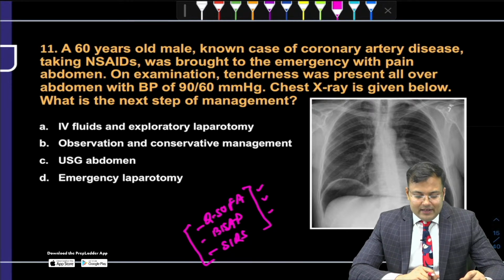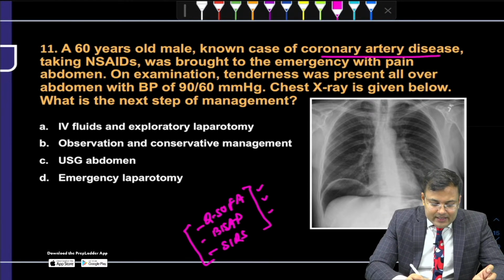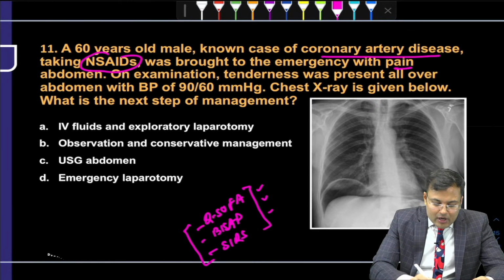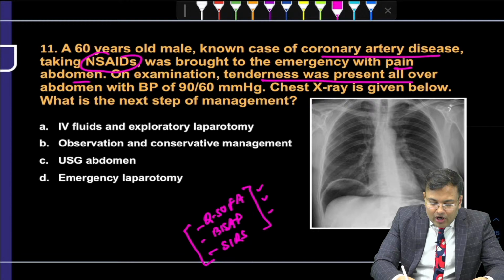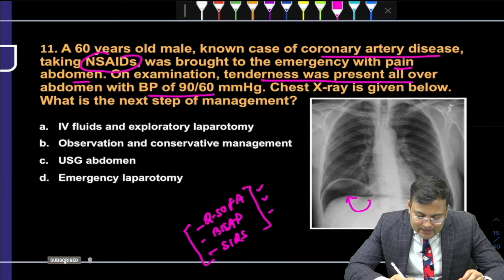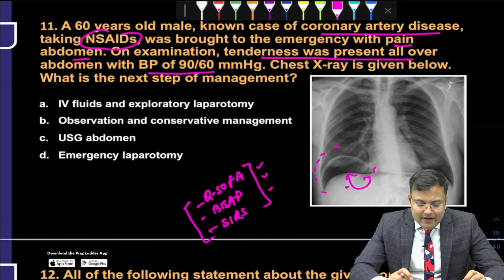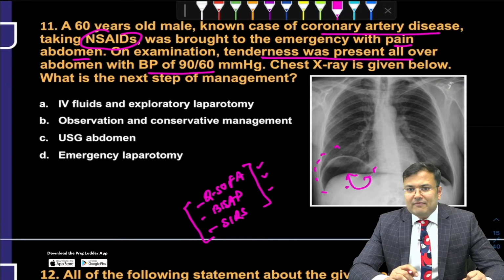So question number 11. A 60 years old male, known case of coronary artery disease, taking NSAIDs, was brought to the emergency with pain abdomen, tenderness all over abdomen. Can you see? Hypotension, chest x-ray showing free gas under the right dome of diaphragm. Can you make it, guys? What is the next step of management?